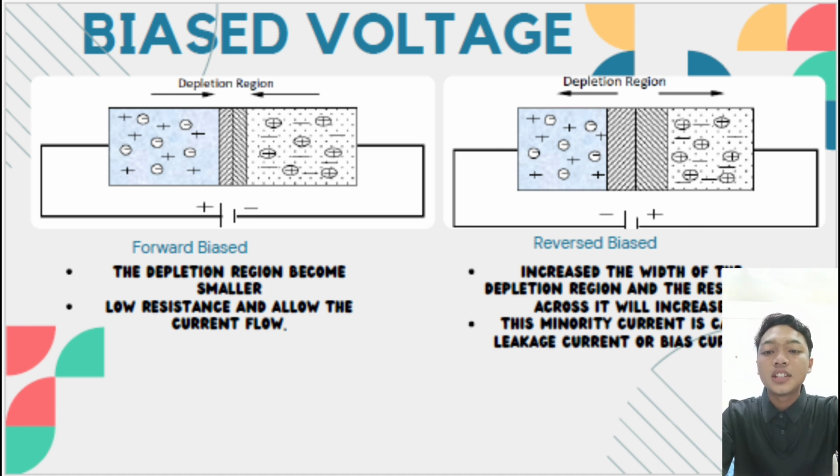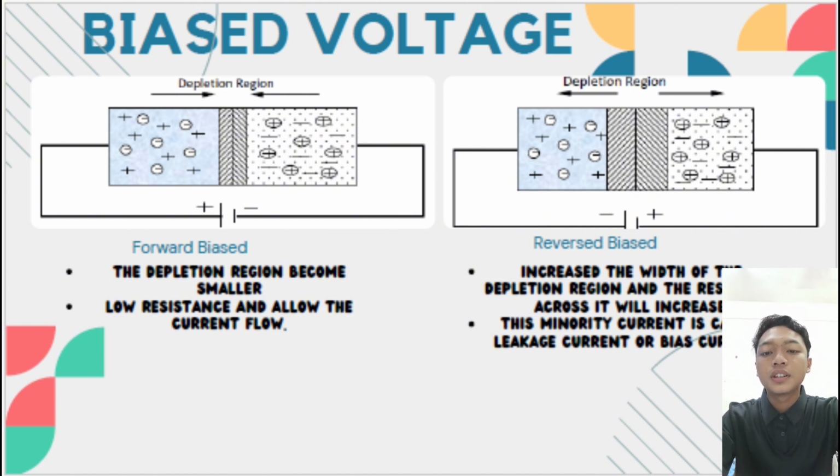As you can see in the diagram on the left, this connection causes the depletion region to become smaller. The forward bias reduces the barrier potential, which allows electrons and holes to move more freely across the junction. With the depletion region shrinking, the resistance decreases, allowing current to flow through the diode.